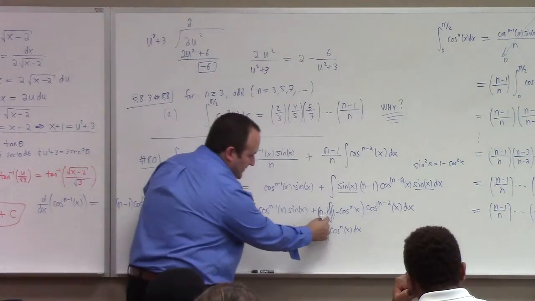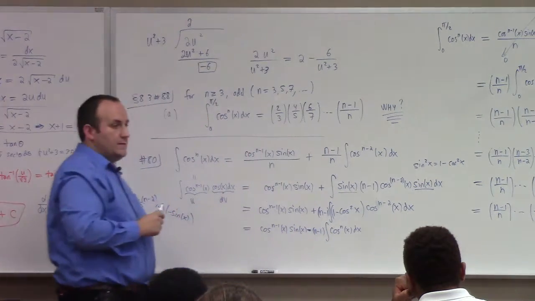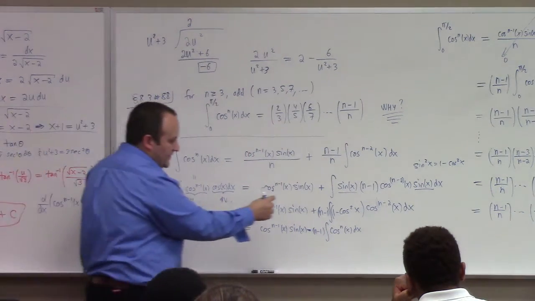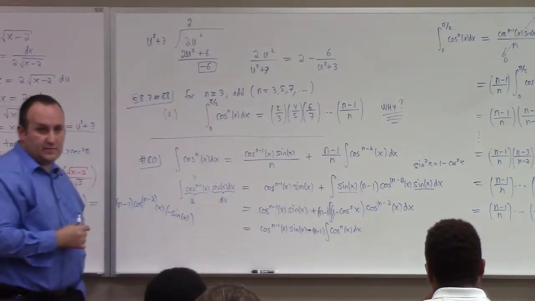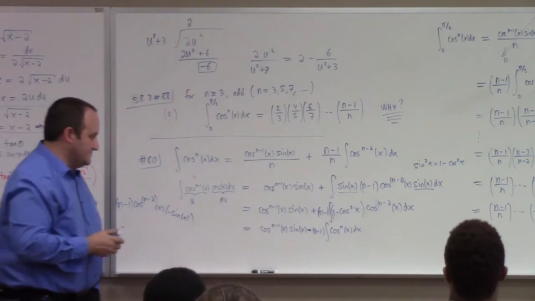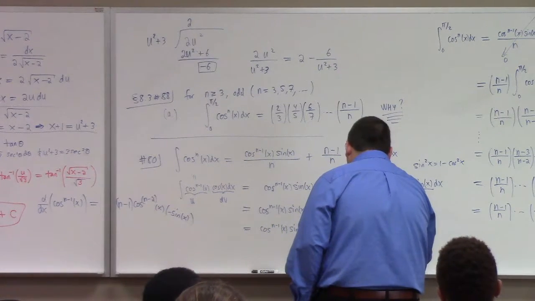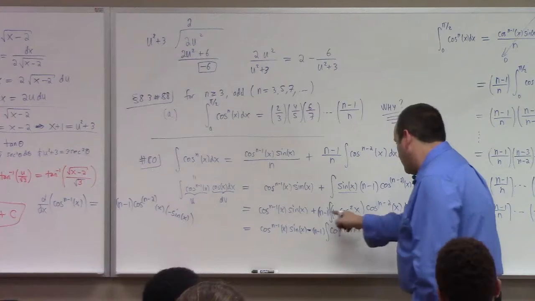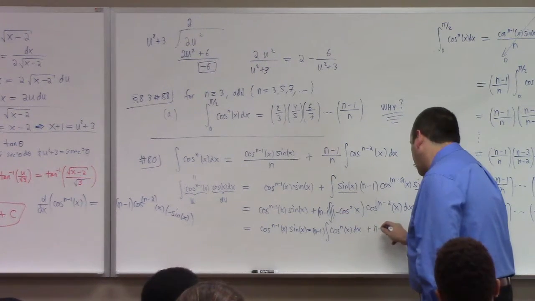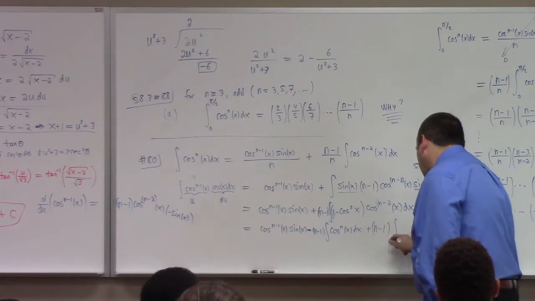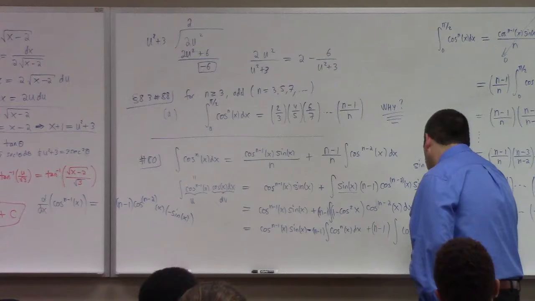So check it out. There's this n minus 1 here, right? The cosine squared times cosine n minus 2 gives me cosine n of x dx. And what else is left? The n minus 1 times 1, right? So plus n minus 1 integral of cosine n minus 2 of x dx.